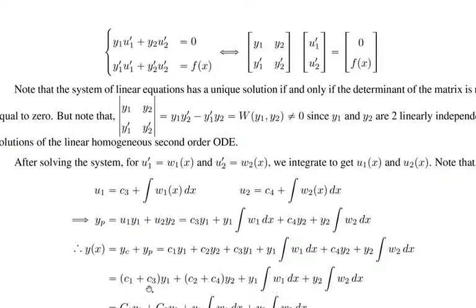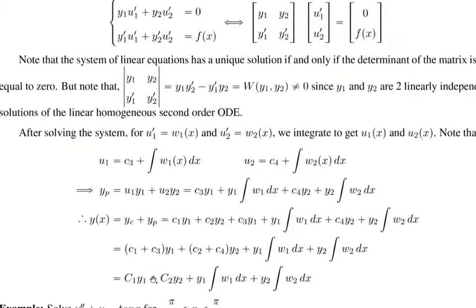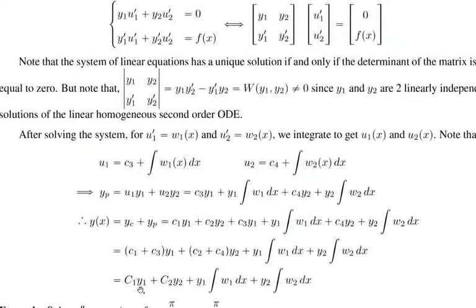Fine, but recall that c1, c2, c3, c4 are arbitrary constants, so I can rename this sum as uppercase C1 times y1 plus uppercase C2 times y2. Okay, so which implies that if I assumed from the very beginning that C3 and C4 were equal to 0, I'm going to still end up with the same general solution form, with lowercase c1 rather than uppercase C1, but it doesn't matter because all these constants are arbitrary constants.